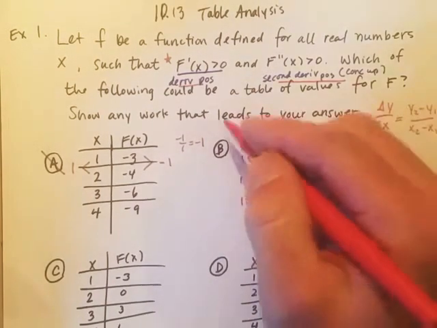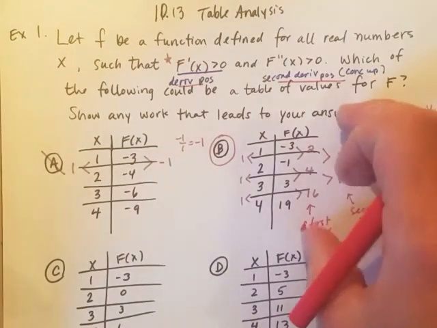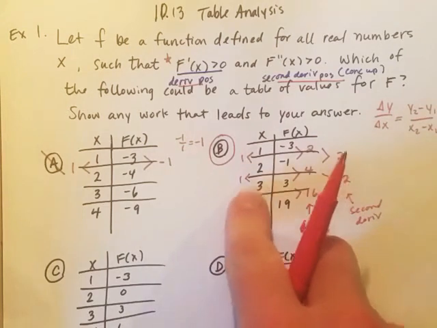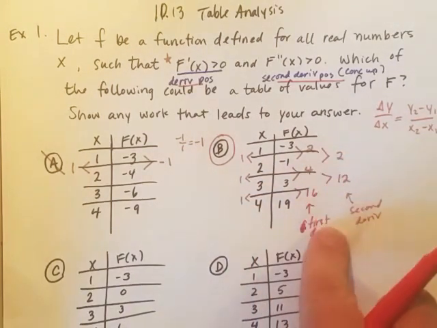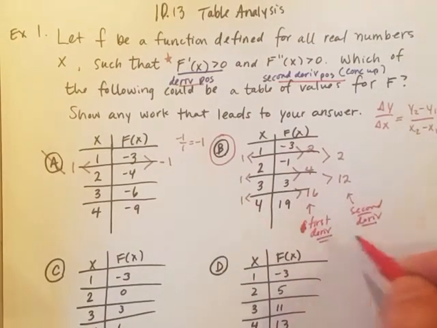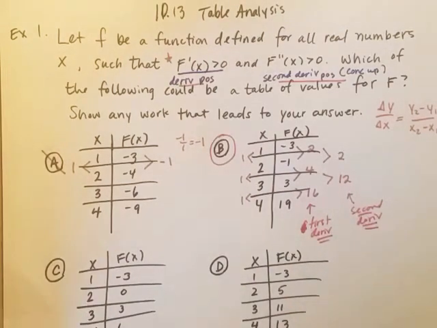That tells me that my answer choice for this one has to be answer choice B. You can see my work off to the side, which is just finding my slope between each set of points, and then finding the derivative of that derivative, right? To find my second derivative. So that tells me that not only are we increasing, but we are also concave up in this problem.